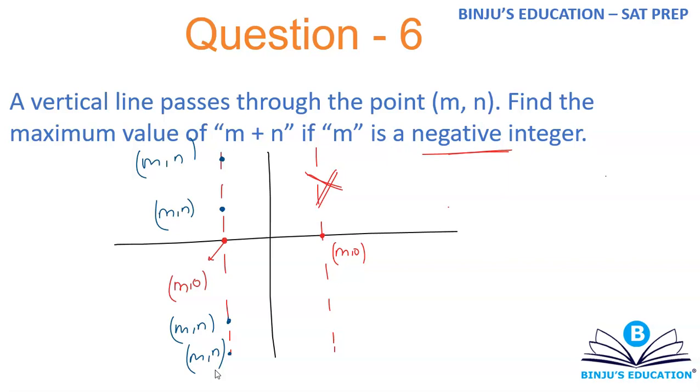If you want to maximize m plus n, you will take the values which lie above the x-axis, because although m is negative, above the x-axis n will be positive. Now you want to maximize m plus n, so m being negative, you will try to minimize its magnitude. So what you will do is take m to be minus 1 and n to be as high as possible.